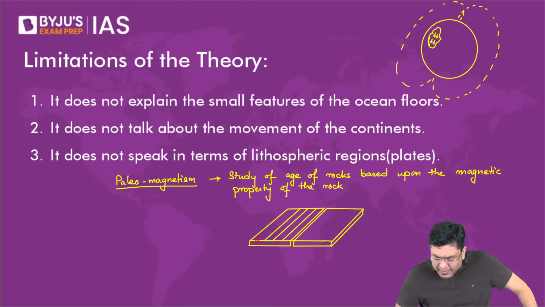It did not make much sense. Why is it that the rocks would indicate different types of magnetic properties as you moved away?